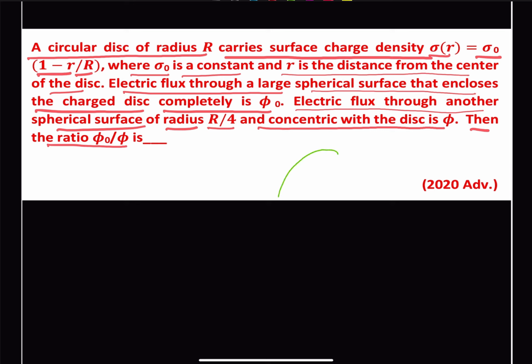So we are having a disk whose radius is capital R. So this is the center and its radius is given as capital R, and let us consider a small disk which is concentric and at a distance of r from the center, and its thickness is suppose dr.